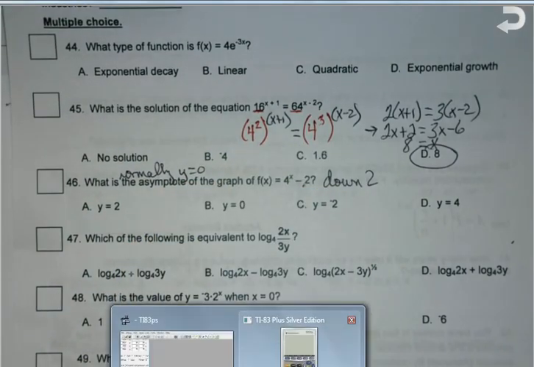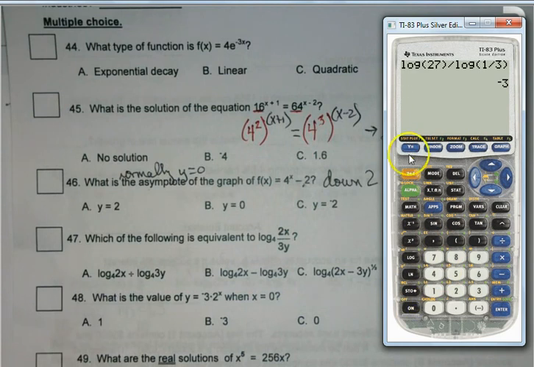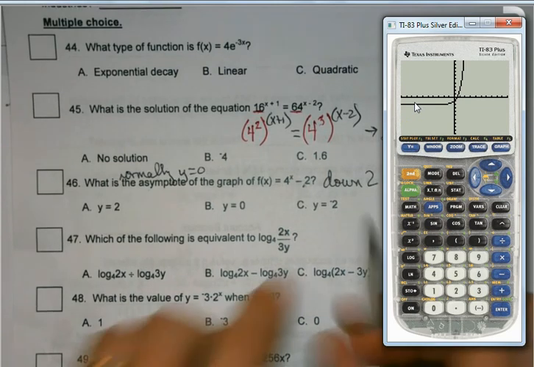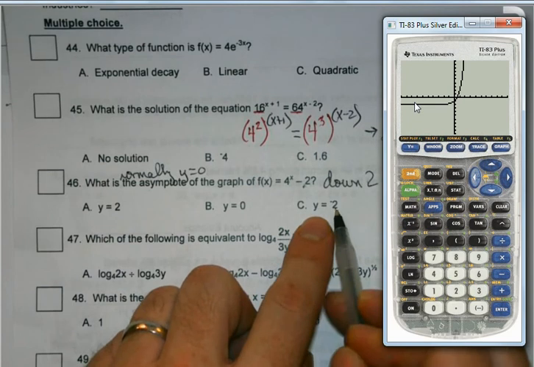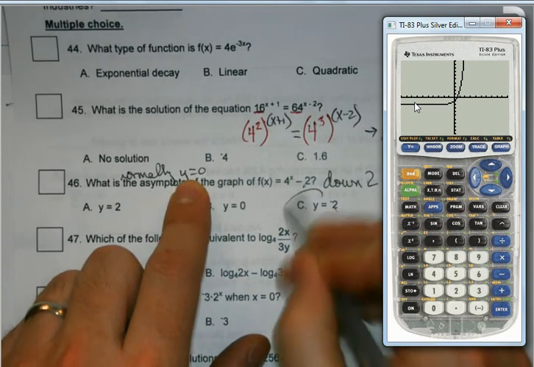Why would that be? Because if I were looking at this graphically, so I'd have 4 to the x minus 2, and I look at the graph, you notice it comes down to a certain part and then it levels off. Where is it leveling off? It's leveling off at y equals -2, which is a shift of down 2 from where the normal asymptote would be.